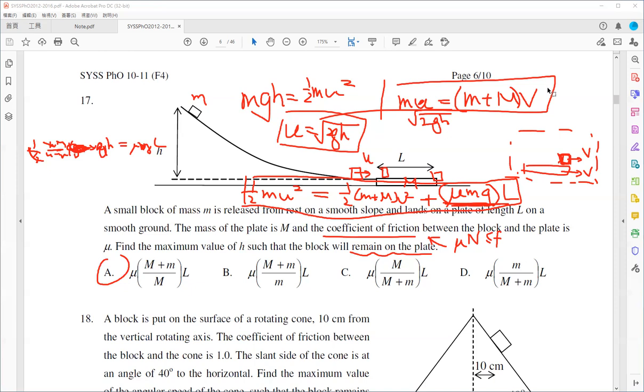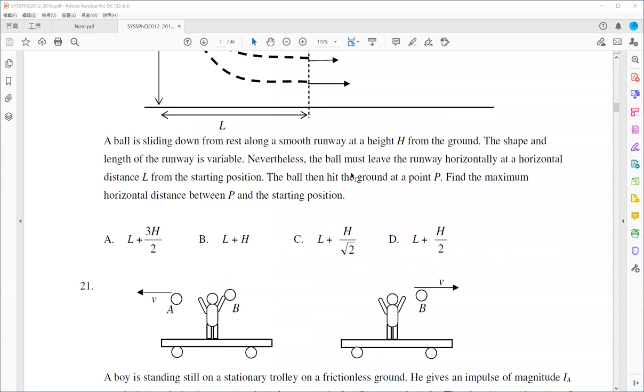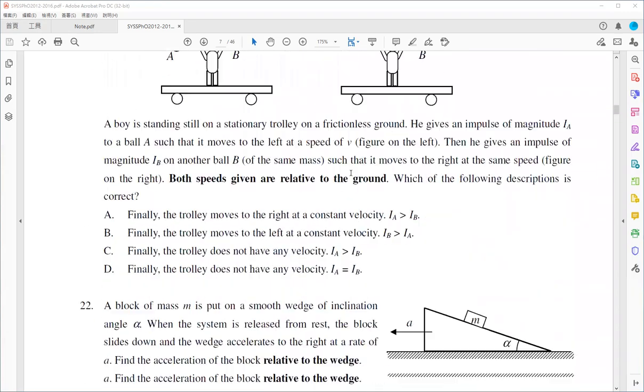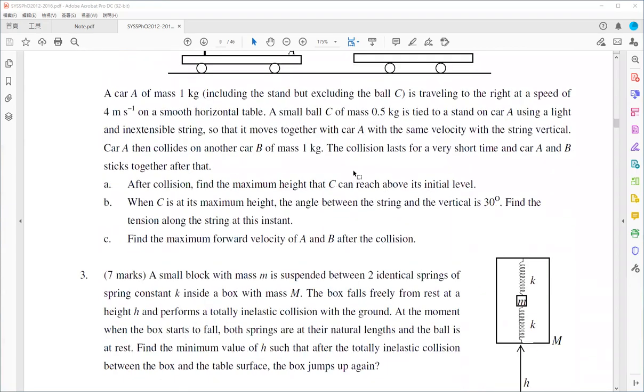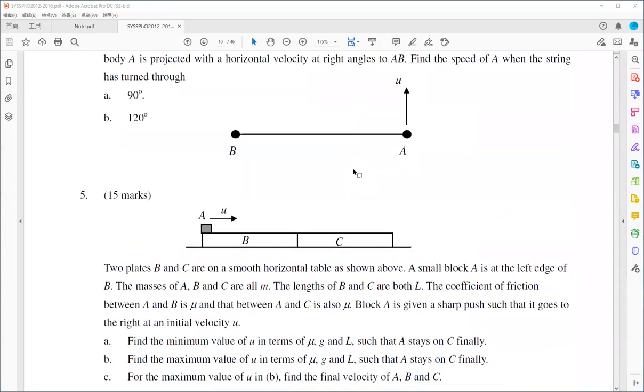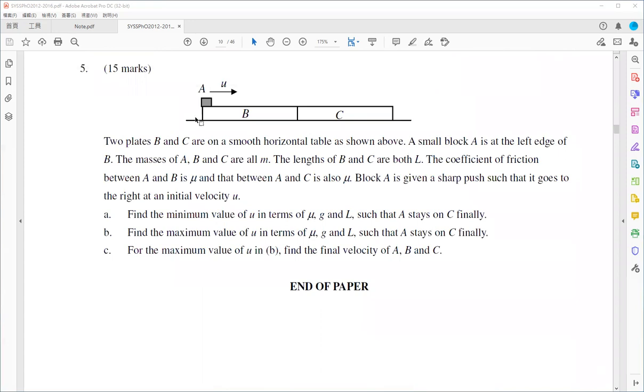Okay. The next question is quite similar to this one. So let's go to one very similar one. Let's say this one. Also an object moves along the plate, and there's a coefficient of friction.